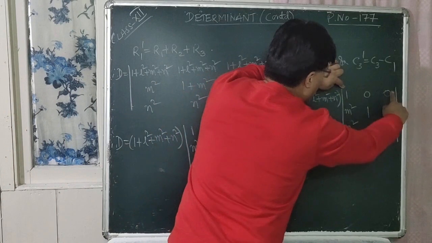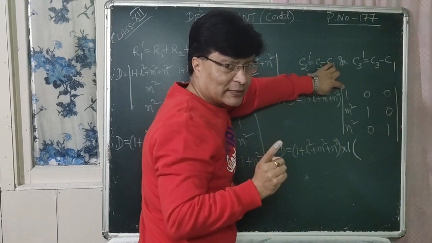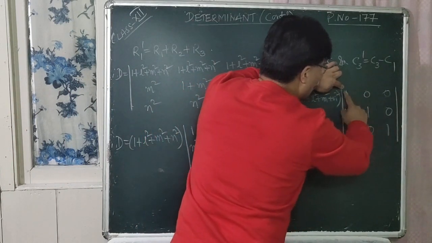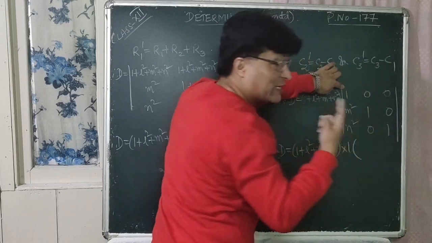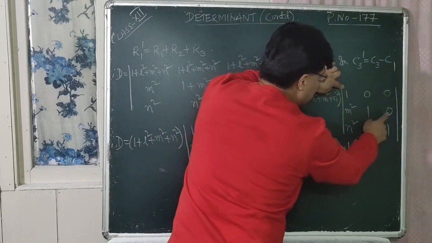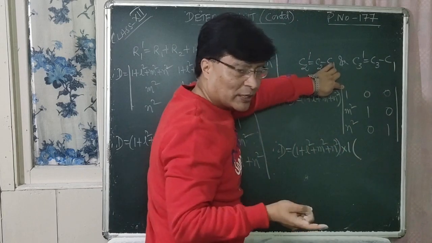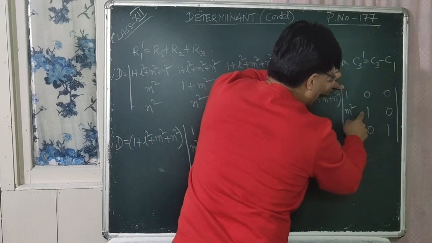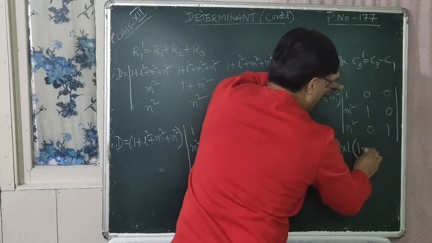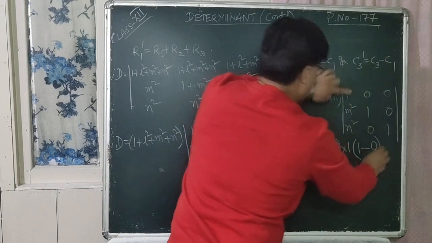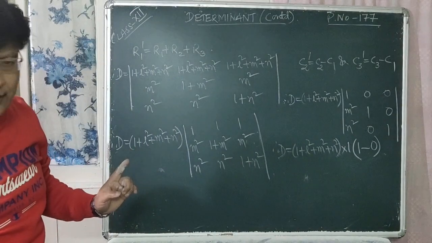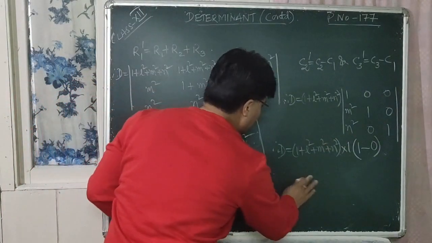That means first row and first column are deleted, right? What remains? 1 0 0 1. That means this is the second order determinant. You know how to expand it. So you have to cross multiply 1 by 1, 1 1 is 1, minus 0 0 is 0, bracket closed. Right? Is that clear?